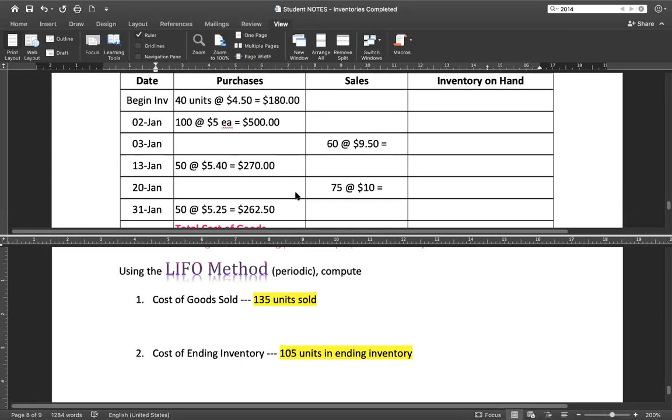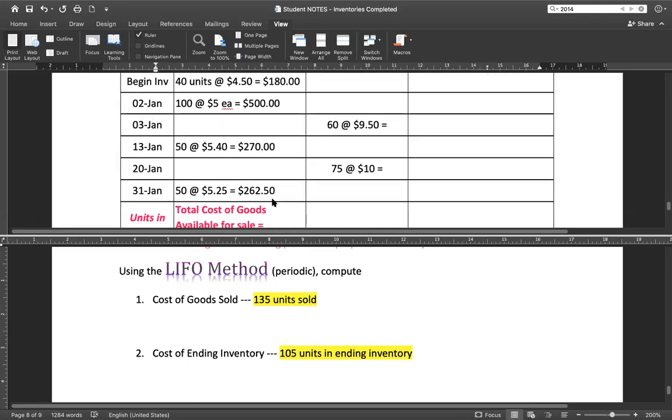It's not necessarily telling us exactly which units went out the door, whether they were from an earlier or a later purchase, but it is going to assume that cost of goods sold is last in, first out. So for the units sold, we start at the cost of the units most recently purchased.